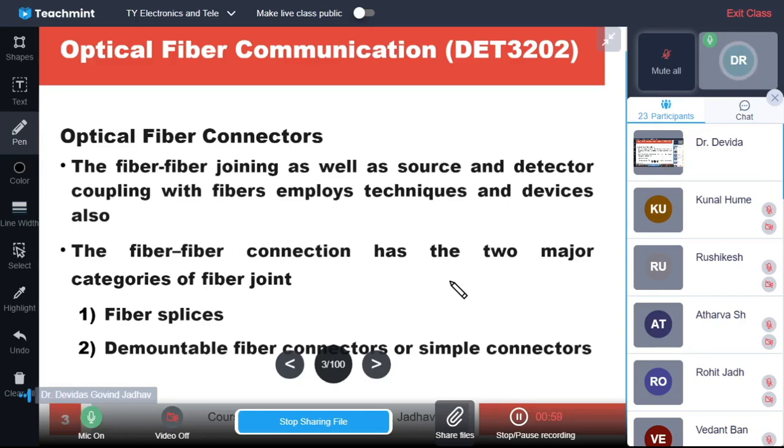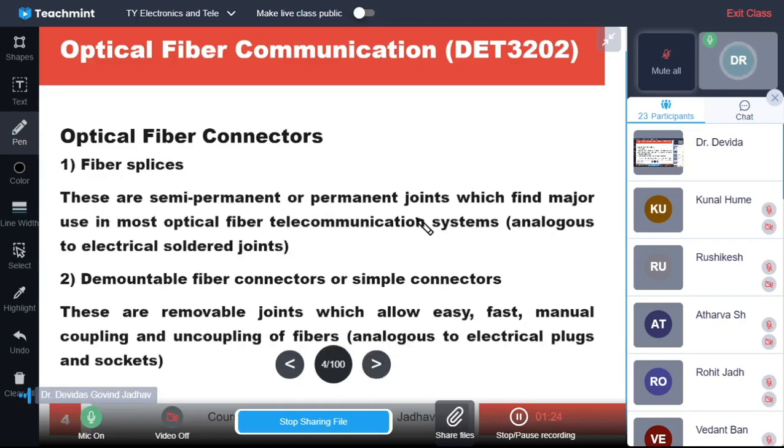So optical connectors, basically two categories are there: fiber splices and demountable fiber connectors or connectors. So fiber joining, as well as source detector coupling, is employed with some techniques and some devices.